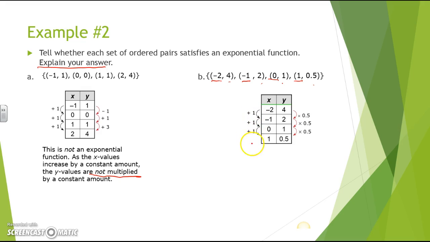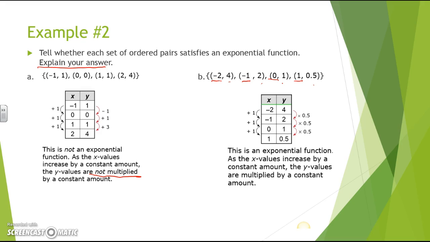Notice my x's increase by 1s. Notice there is some consistency in the y's. They're multiplying by half. So 4 times half gives you 2, 2 times half is 1, 1 times half is 0.5. So this here would be an exponential function. As the x values increase by a constant amount, the y values are multiplied by a constant amount.